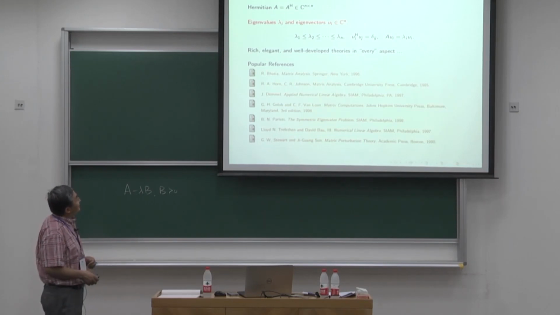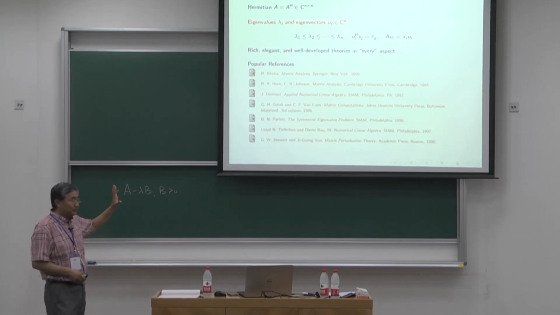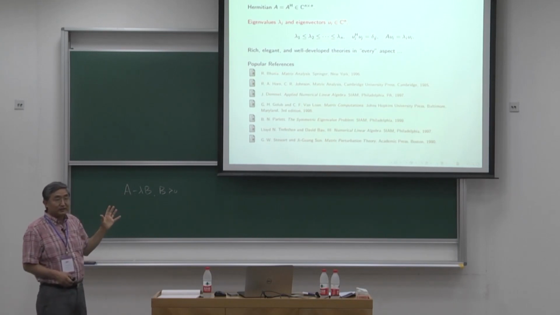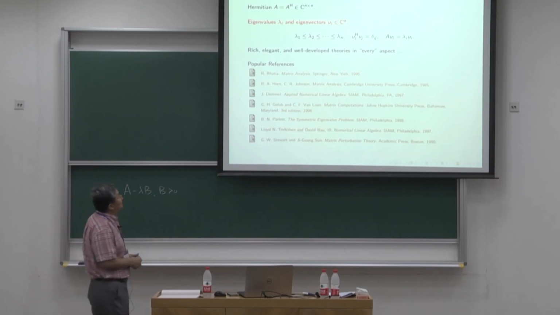The next four are more numerical, containing the minimum theory on the Hermitian eigenvalue problem that is enough to do computation.